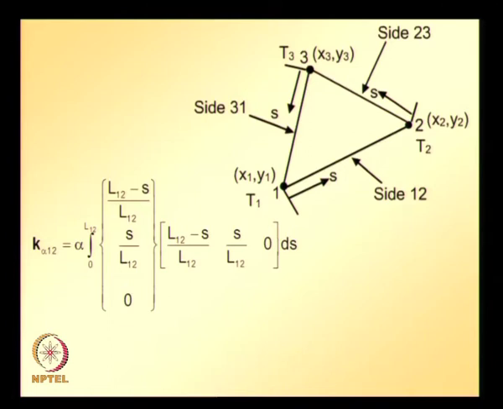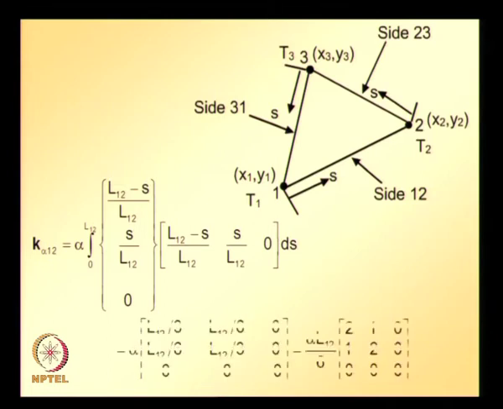For illustration, k alpha evaluated along side 1, 2 is given here, with details. The shape functions of nodes 1 and 2 can be obtained using the 1-dimensional Lagrange interpolation formula, and simplification of this leads to this. Similar integrations can be carried out along the other 2 edges.